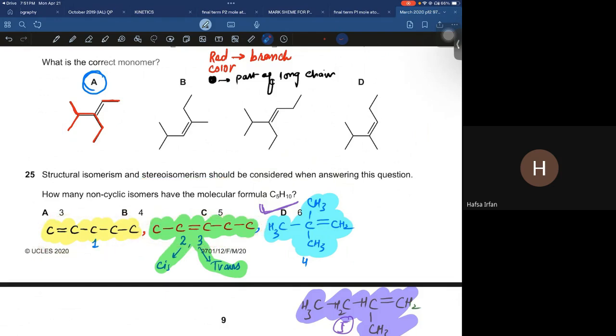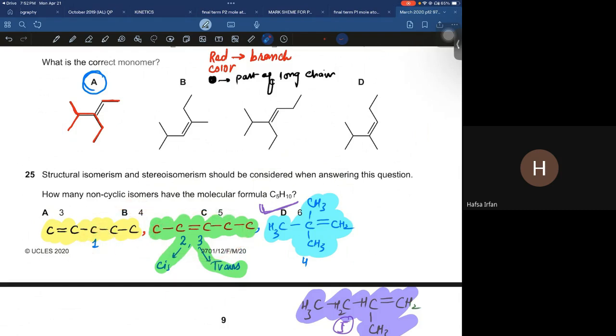The cis-trans isomers were not possible because it contains the same atom. But in this structure, cis-trans isomerism is possible. It's different. Yes, so 2 and 3. So 1, 2 isomers. So total 4.